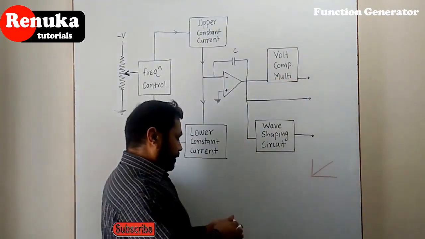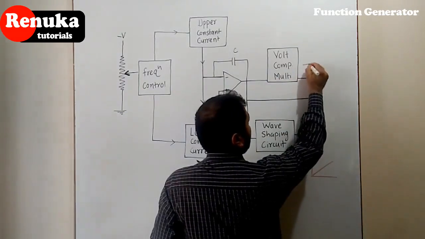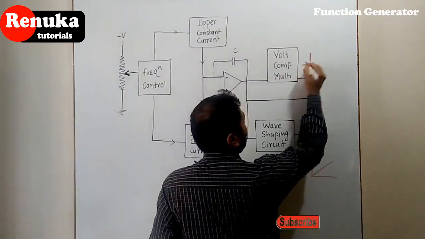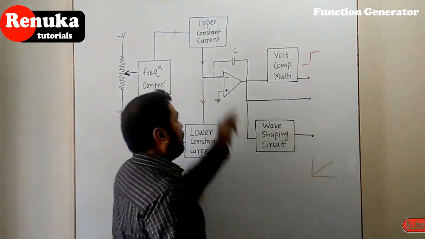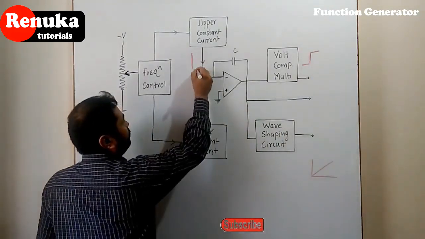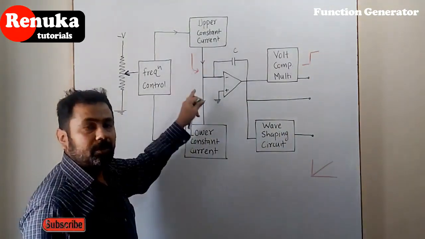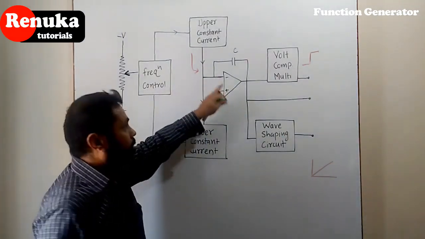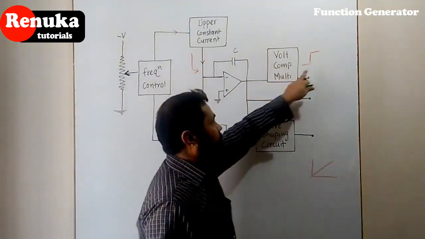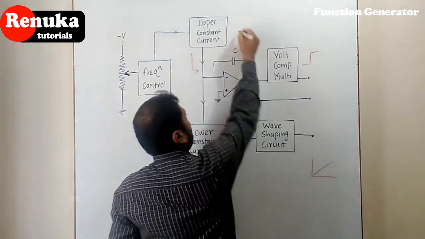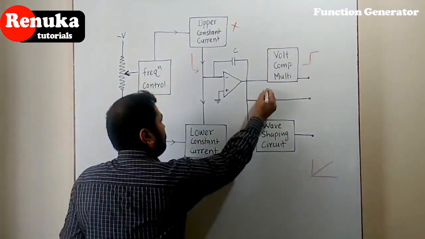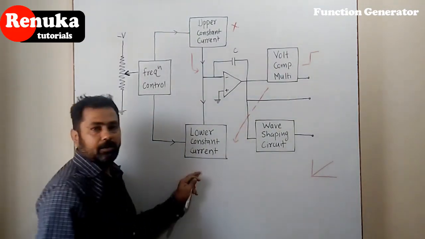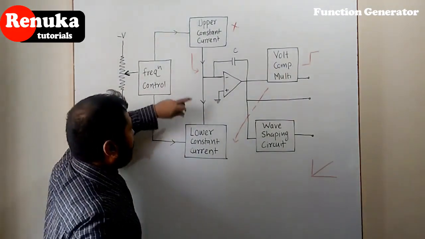For example, if right now the state of this comparator is low, and it changes to high, then up to now the current from the upper constant current source was on, but as soon as the comparator changes the state, the upper source will be turned off and the lower source will be turned on.